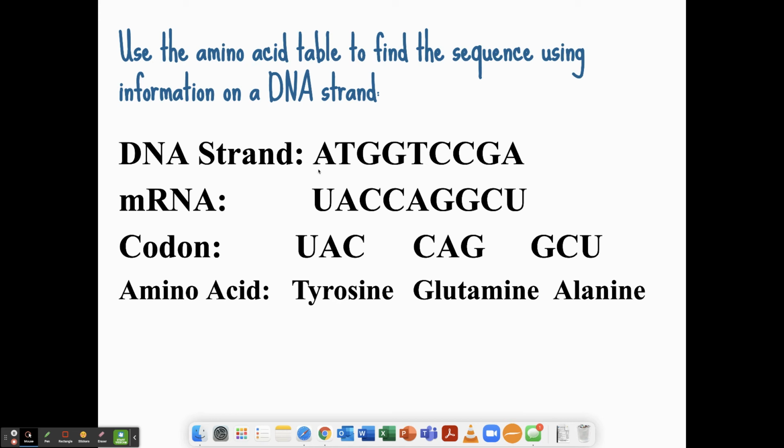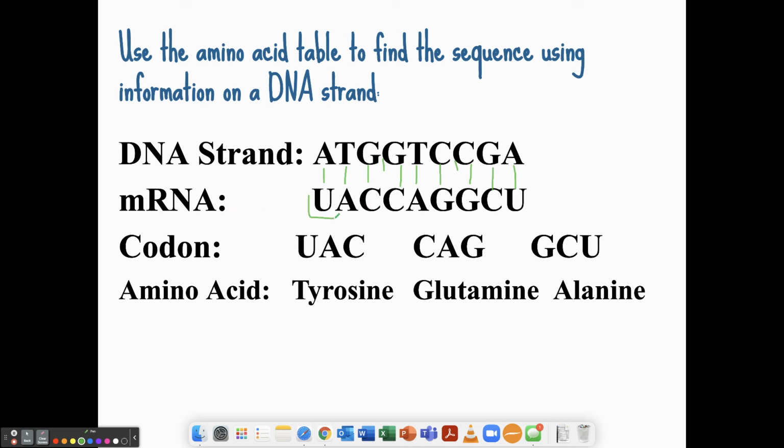So here's our DNA, ATG, GTC, CGA. I like to break them up already. So A goes with U, T goes with A, G goes with C, G goes with C, T goes with A, C goes with G, and then A goes with U. Remember that there are no T's in RNA.